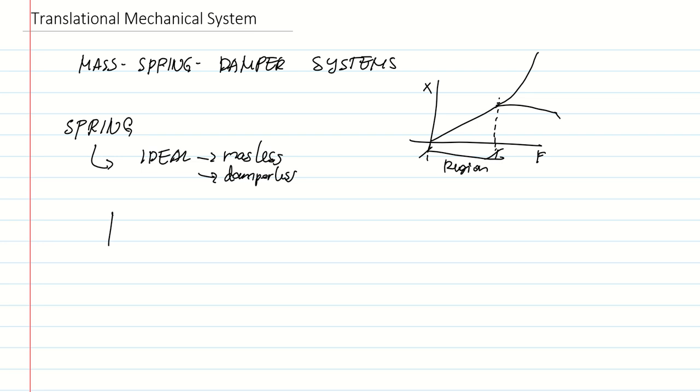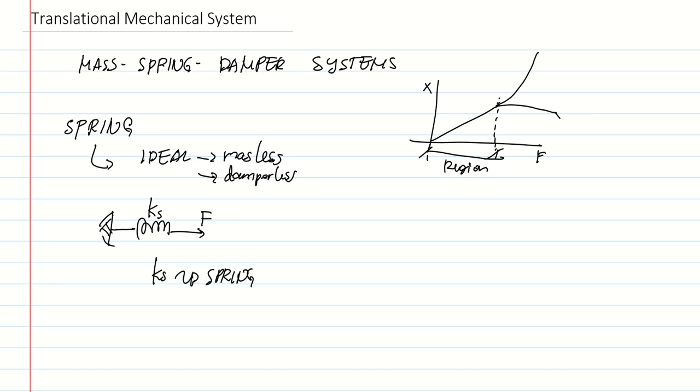So if this is our spring and we apply a force in that direction, we have here what we call K. K here is not the static gain. Let's call it Ks, the spring constant. Ks here is the spring constant.